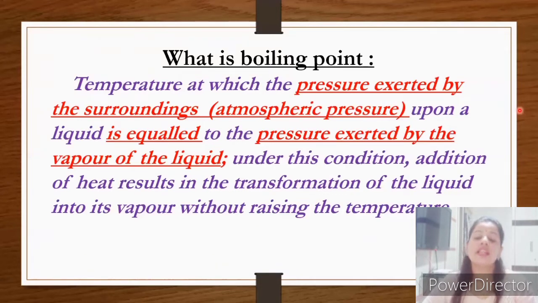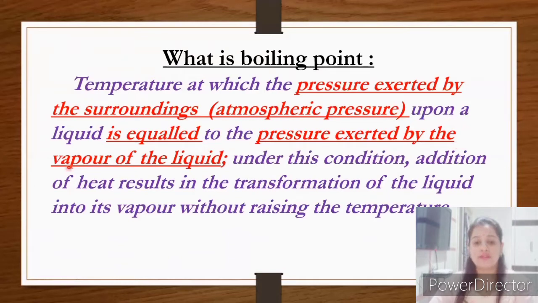Under this condition, the addition of heat results in the transformation of liquid into its vapor without raising the temperature. So once the boiling point has been reached, once the liquid starts boiling, the temperature will not rise. At the same temperature the liquid will remain boiling.